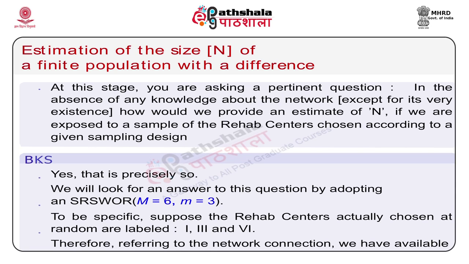I go to rehab center 1, they open their register, I find out how many people are registered there, and I take their names and give some serial numbers 1, 2, etc. I go to the next one, there could be something common, something extra. I go to the next one, 6, there could be something common with 1 and 3 and something totally new. So, I have a good idea about the sample network through 1, 3 and 6.